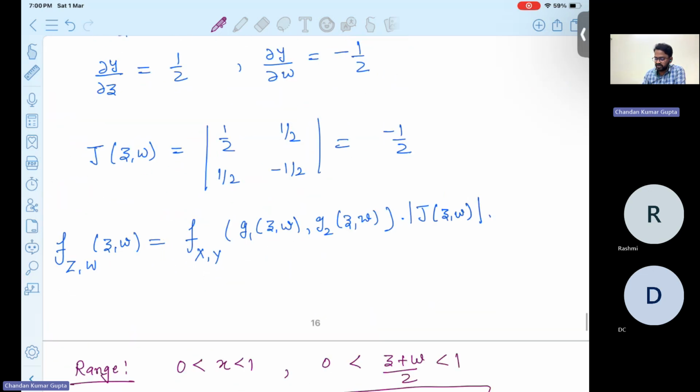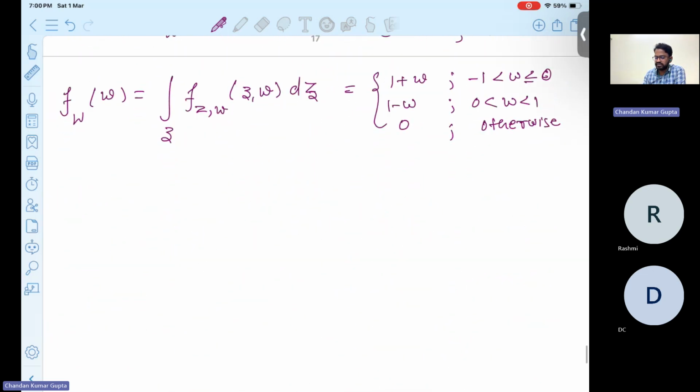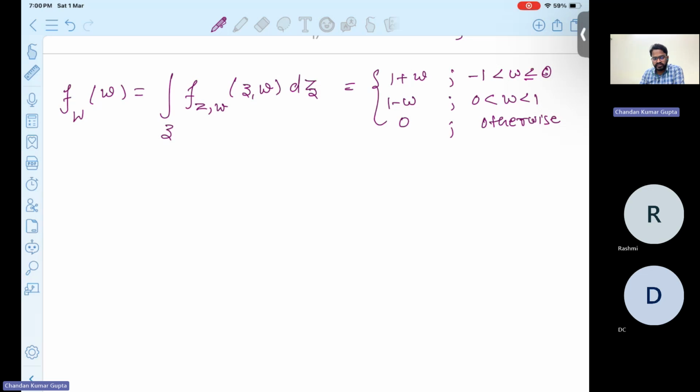So there is one more remark. If we have random variables that are independent in nature, then when we define transformed random variables, it is not always true that those transformed random variables are also independent.